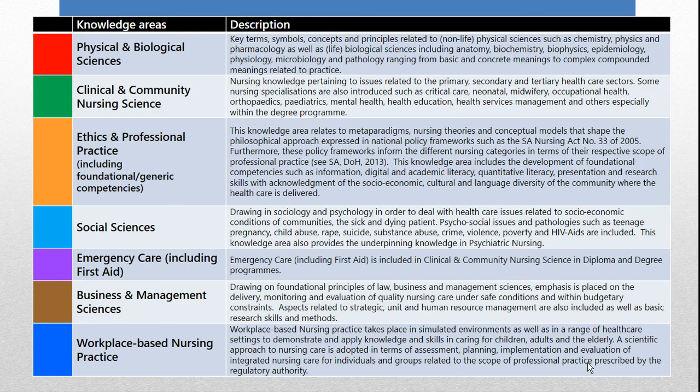From that knowledge tree, what are the broad knowledge areas that are emerging? You'll see that these are predominantly explicit knowledge.